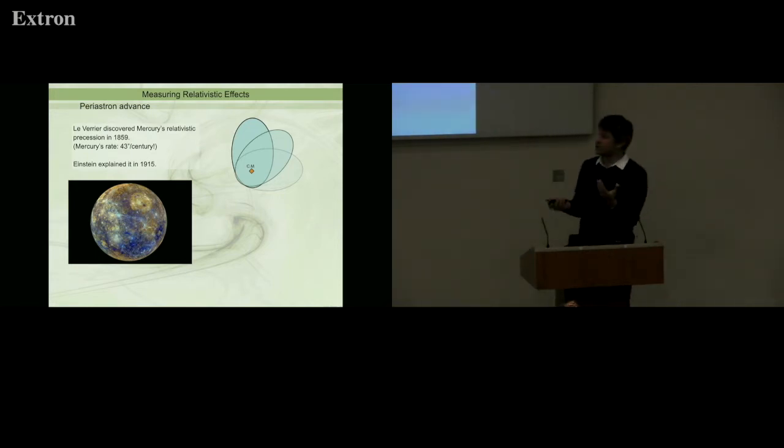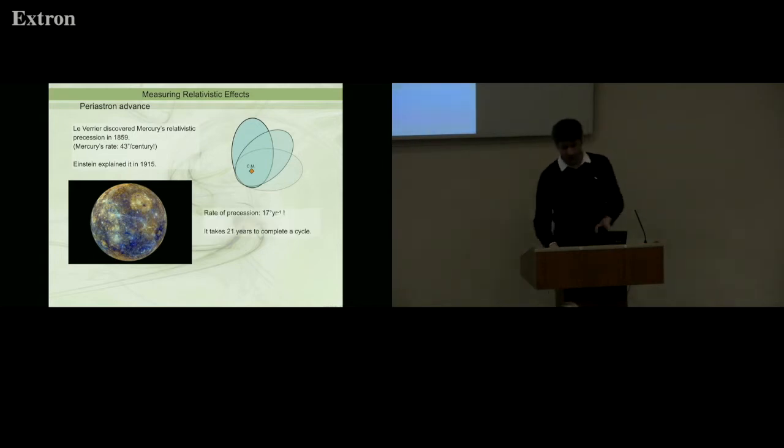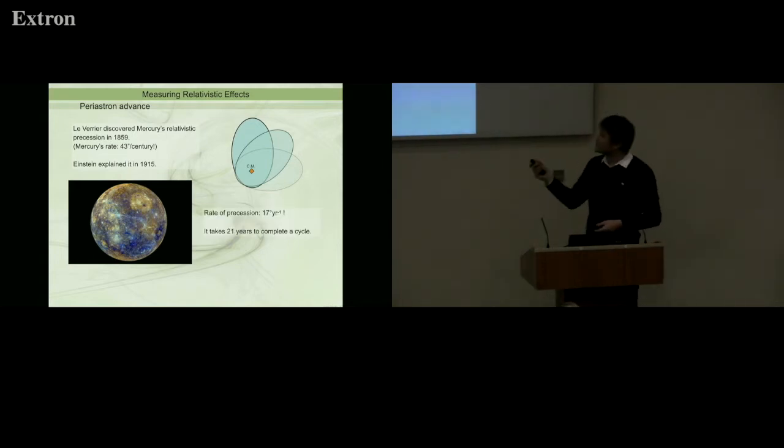The one for which it's largest is our planet Mercury, because it's the nearest to the sun. And Le Verrier is the one who discovered this anomaly in the orbit in 1859. But the drift, the angle between one orbit and the next, cumulated over 100 years, is less than a degree of change. Okay, so it's really, really tiny. If you look at that double pulsar system that we found, the drift is 17 degrees per single year.